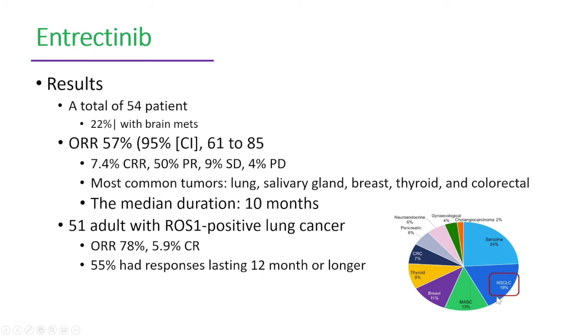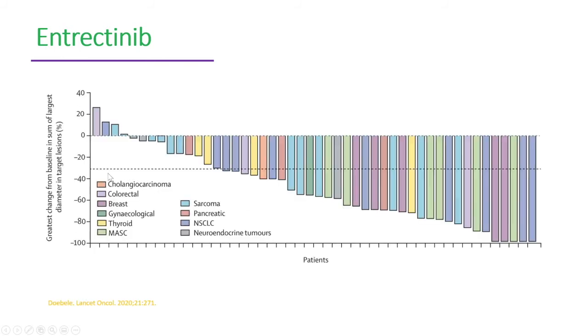So there was a high percentage of patients with non-small cell lung cancer, around 20%. And if you look at the efficacy and the response, it's almost a similar graph to Larotrectinib.